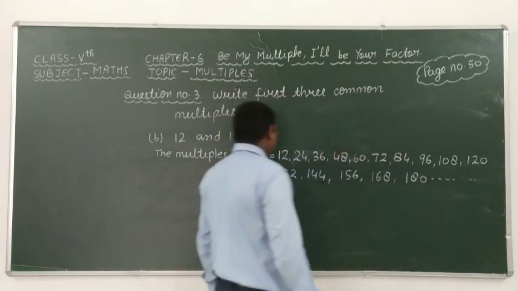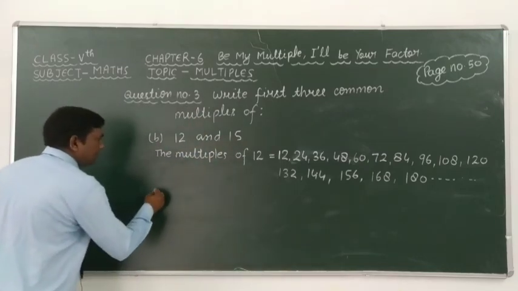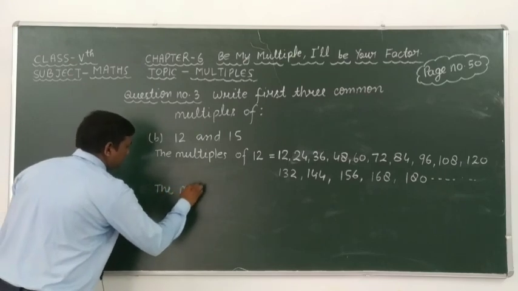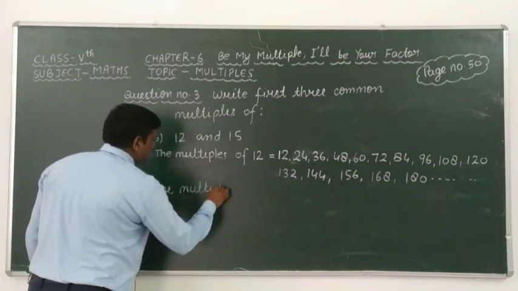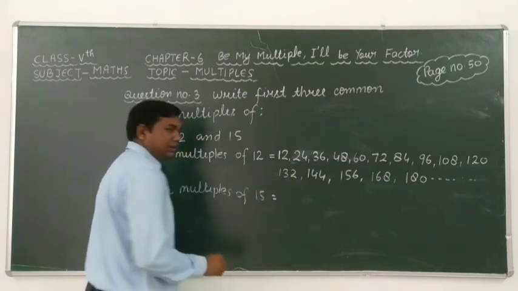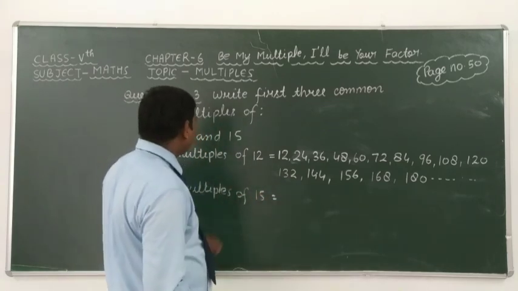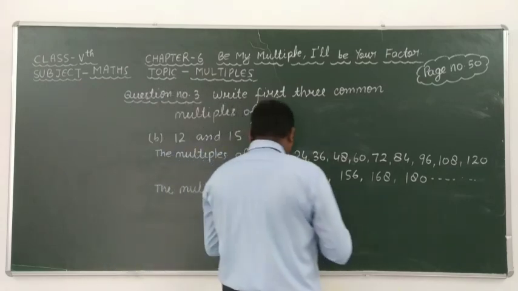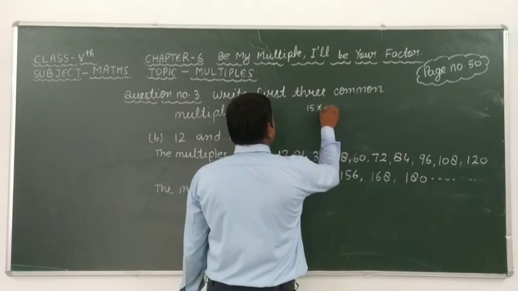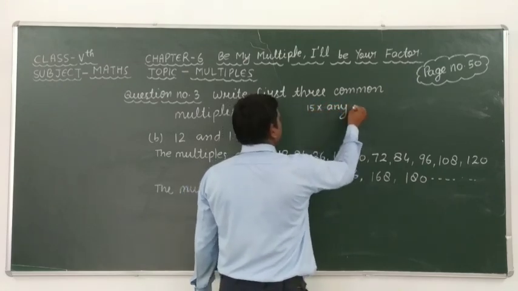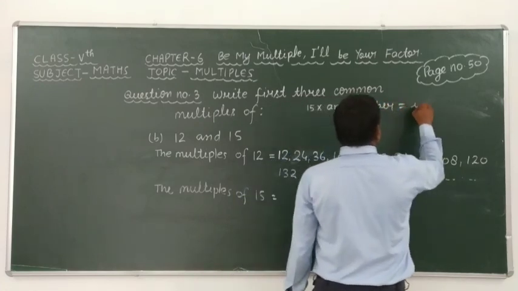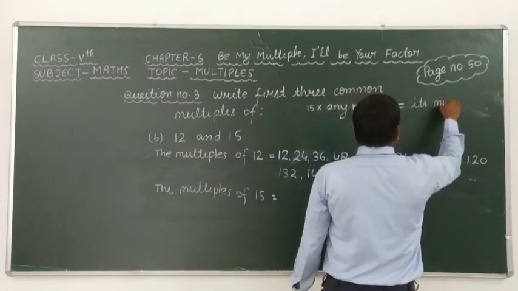Okay students, and the multiples of 15, look at here carefully. We know that if we take the multiplication of 15 by any number, then we get its multiple.